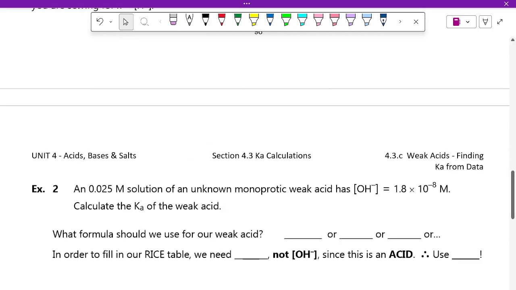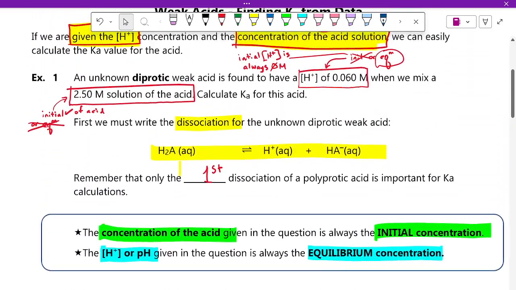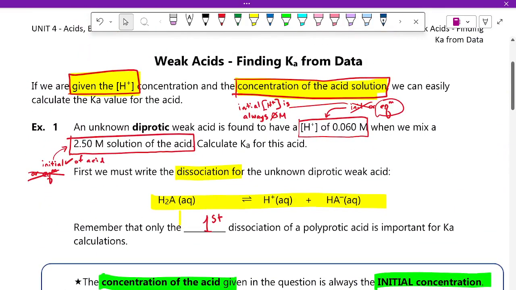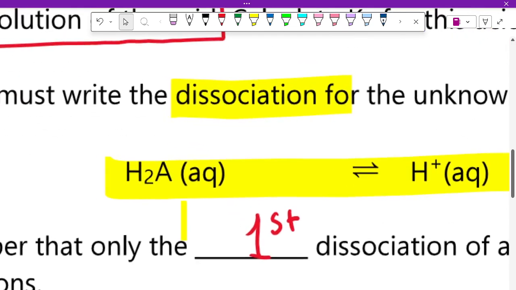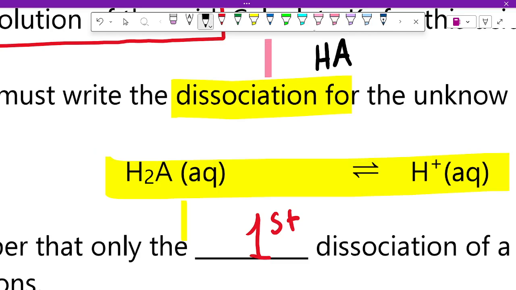By the way, what I didn't mention is that for our unknown acid, we often use HA, because A is not an element. A stands for acid. If you have a weak monoprotic acid, you would call it HA. If you have a weak diprotic acid, you would call it H2A.